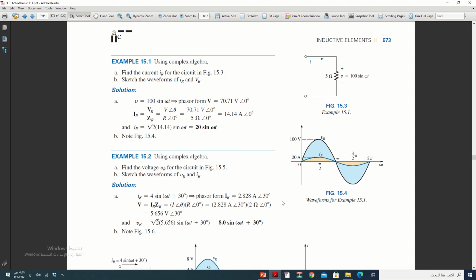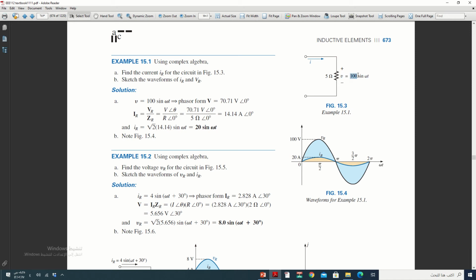Let us start with the example. Example 15.1: using complex algebra, find the current IR. When it says small i R, this means we need the sinusoidal expression. And then after that, sketch the waveforms of IR and VR. The information given here: resistor R, and voltage VR sinusoidal, 100 sine omega t.